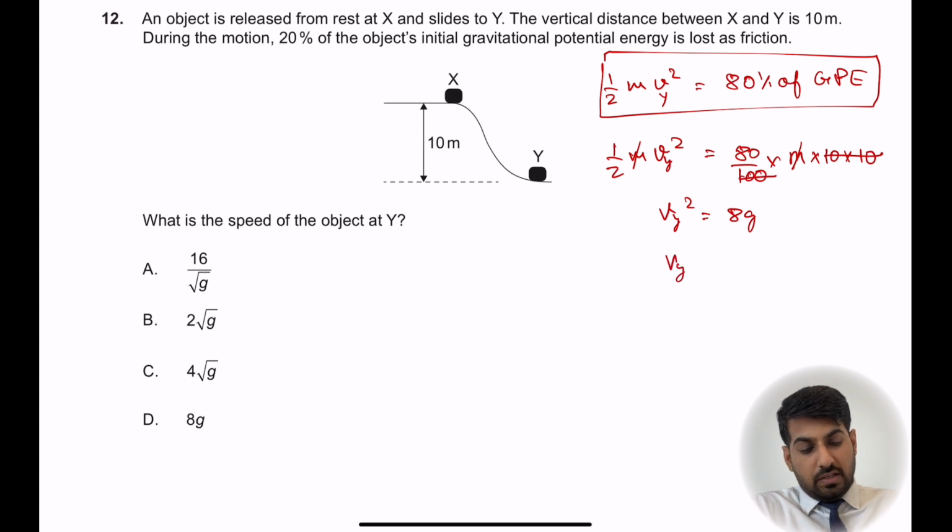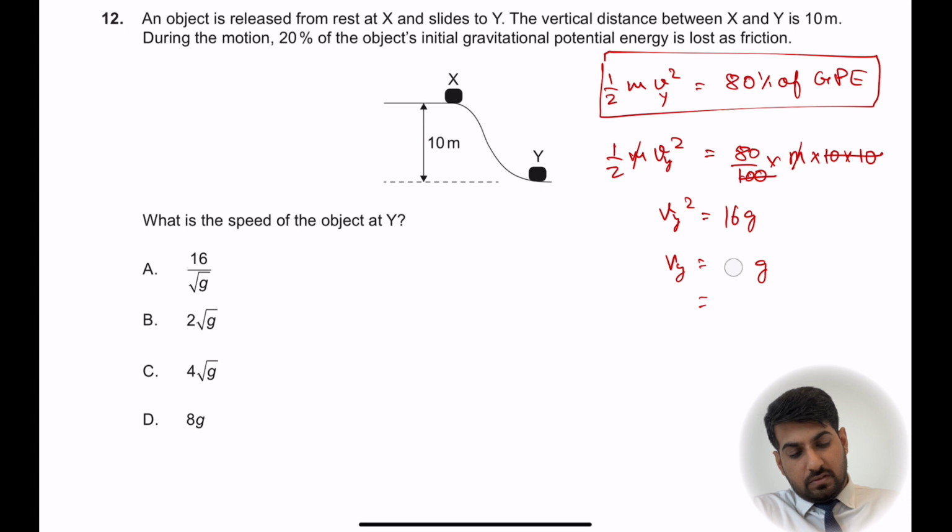So Vy is the root of 8G, which can be written as 4 into 2... wait, so this will be 16, right?